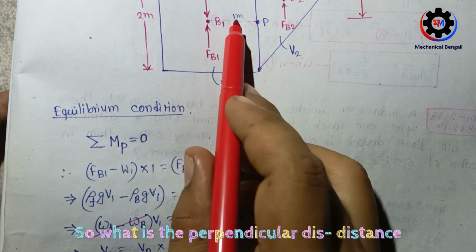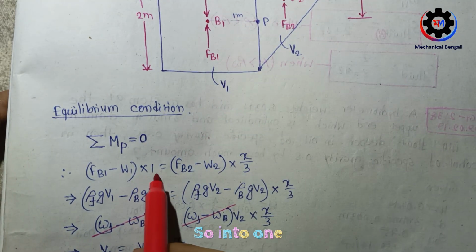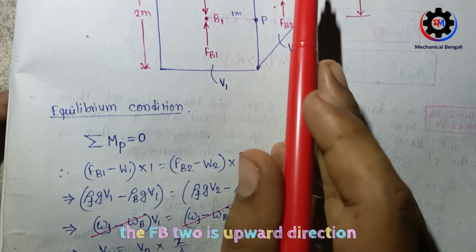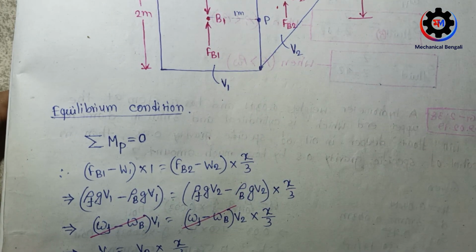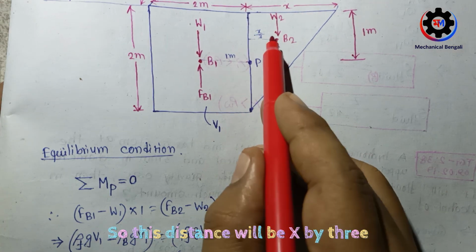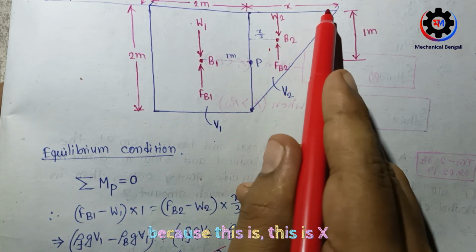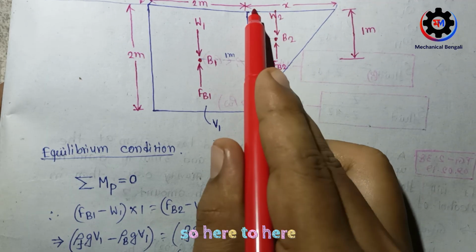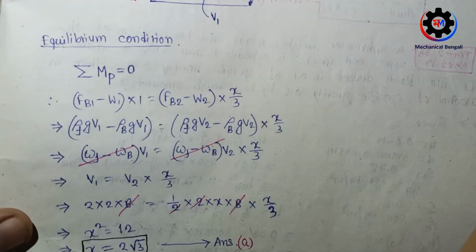So the perpendicular distance is 1 meter, into 1, equal to, here FB2 is upward and W2 is downward, so (FB2 minus W2) into, what is this distance? This distance will be x by 3, because this is x and this is the triangle, so this is x by 3.